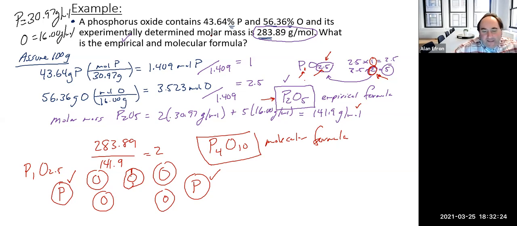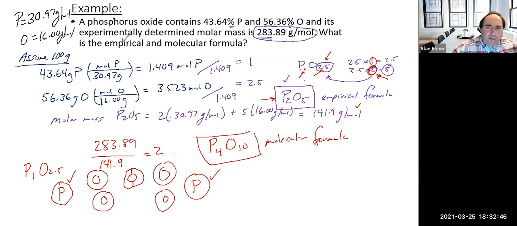Now, this is one approach and a very common way to calculate the molecular formula. But sometimes, especially when you're given the percentages of everything, people will work it the opposite way.